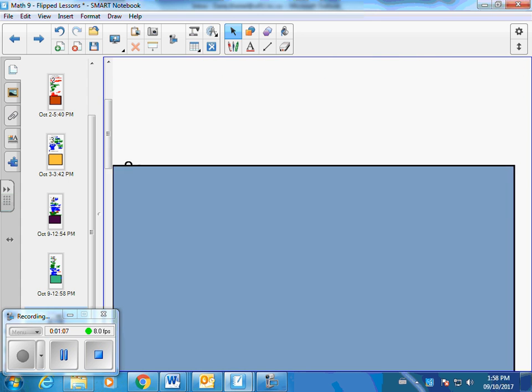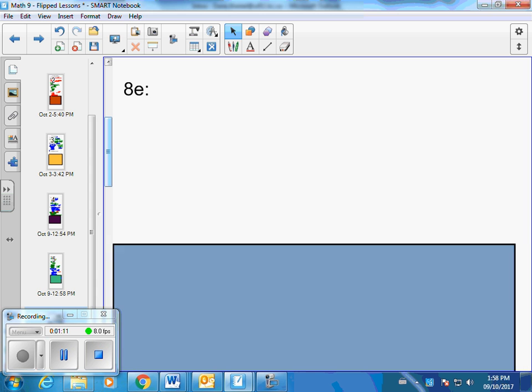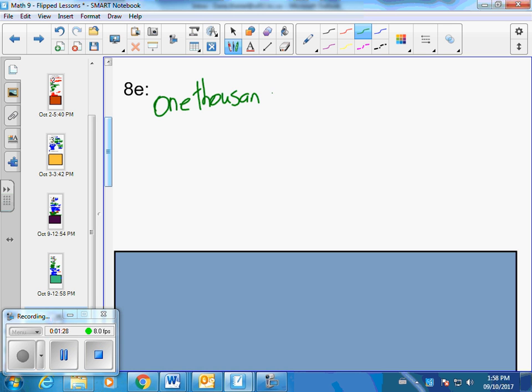We're going to plow ahead and we're going to get to question 8. So question 8E. We want to write this as a power of 10. A couple things going on here. They've written it in English, so 1,000. So the first thing we want to do is rewrite it as a number.